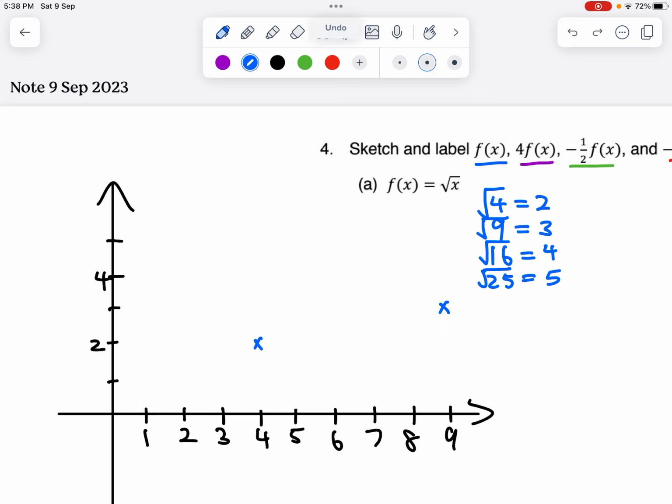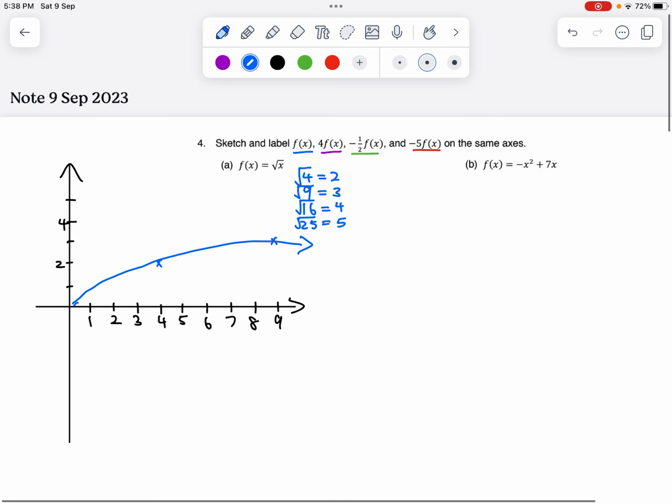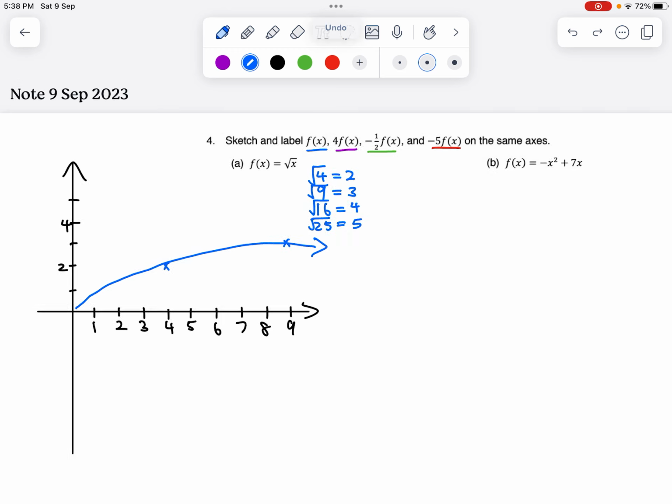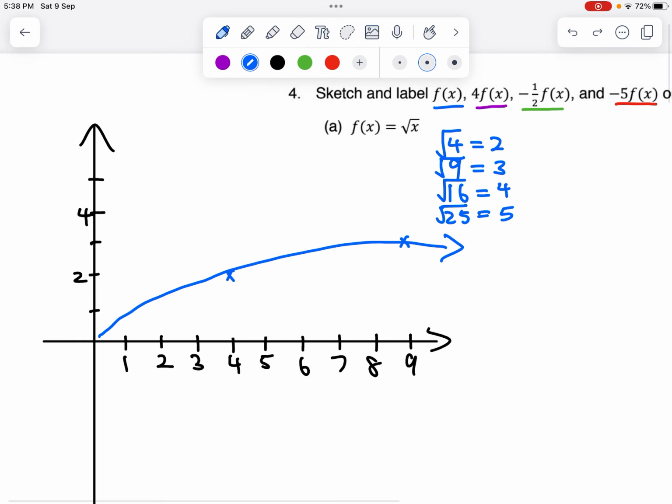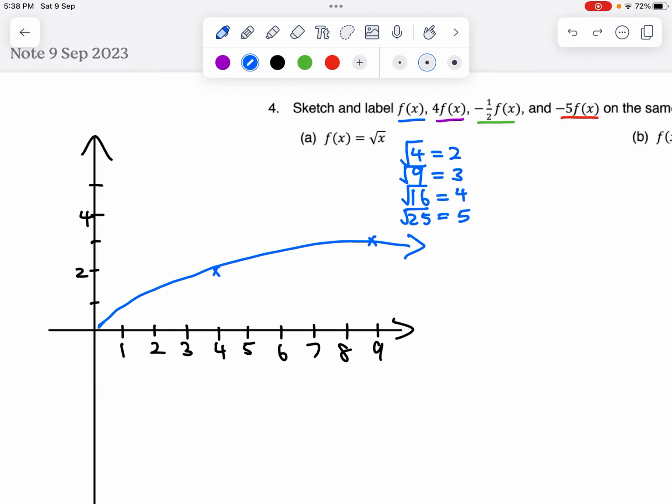Oh well, it's not really good, but basically it looks kind of like a quadratic. It looks something like this, but that wouldn't be a function. Remember in the other video we talked about how a function can only have one y output for every x input.